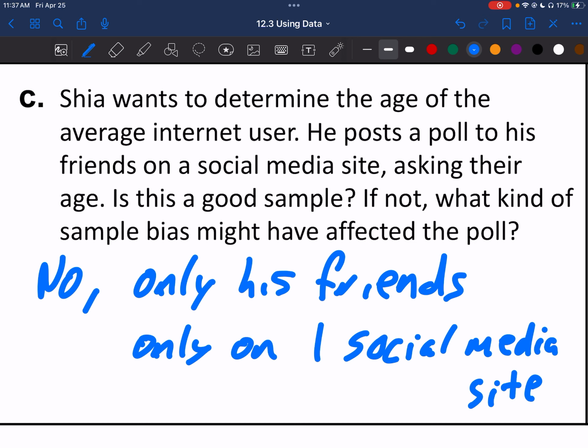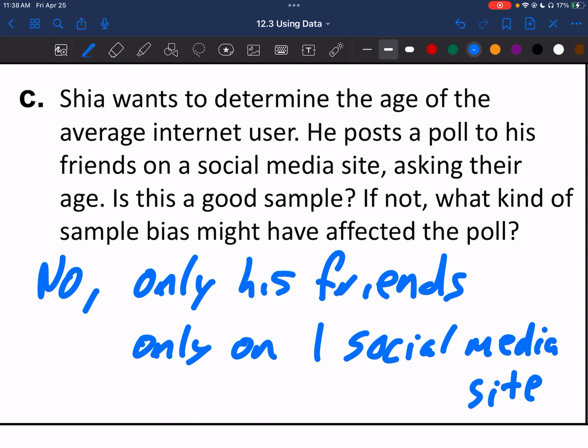So if you posted something just to your friends on Instagram, does that really represent all internet users in terms of finding their age? Right? Specific apps have specific age ranges that are their typical demographic. You know, Snapchat, Instagram, TikTok, much younger demographics. Facebook, usually going to be an older demographic that has that.